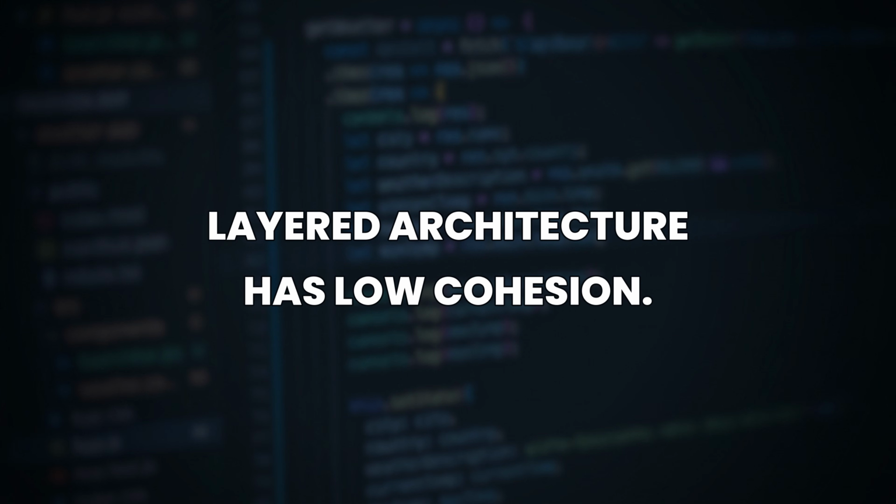So that's the hidden tax of organizing by layer. A single feature is smeared across your entire code base, so the code that changes together doesn't live together. Engineers call the opposite of this high cohesion, and layered architecture has famously low cohesion. Things that belong together are scattered.